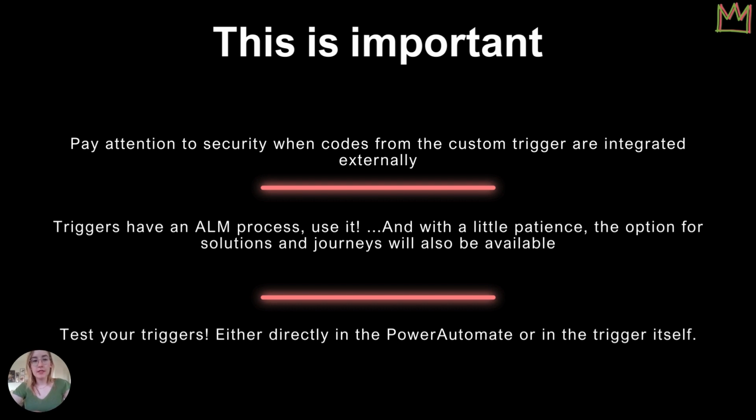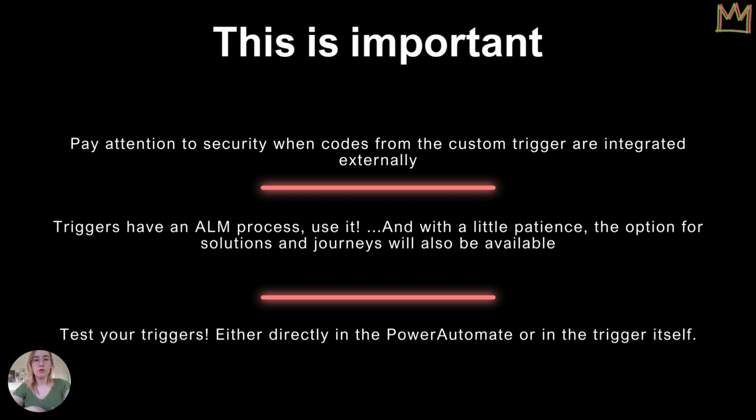Then, triggers, especially the custom triggers, have an application lifecycle management process, so please use that. You can create triggers in your development environment, and with a solution deployment pipeline, you can then send them to your test or UAT environment and then to production.